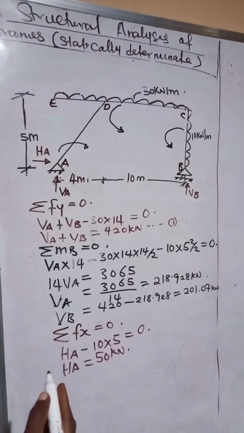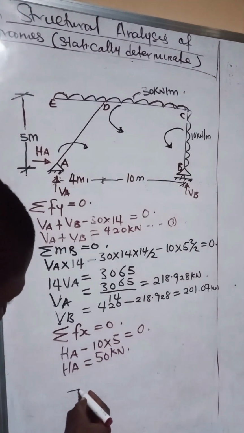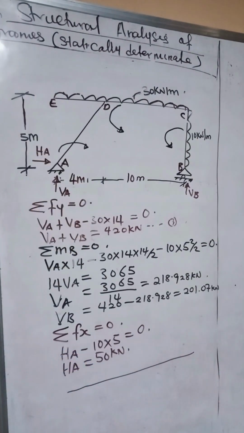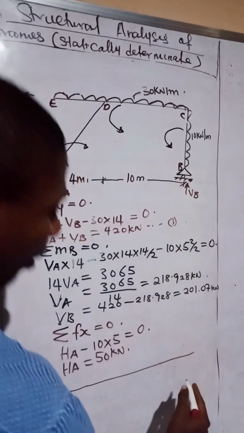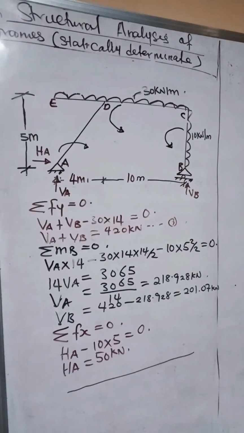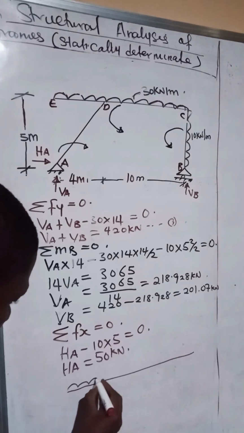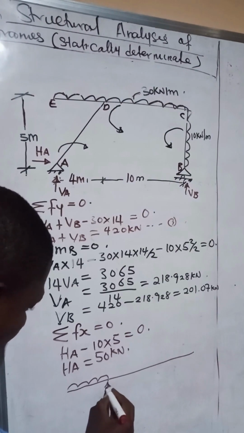So splitting this beam, we are going to have it as this. There's the first one. We're going to have it as this. So now there's a vertical reaction here. If we split this, we're going to have this beam. At this point, we have the support here.